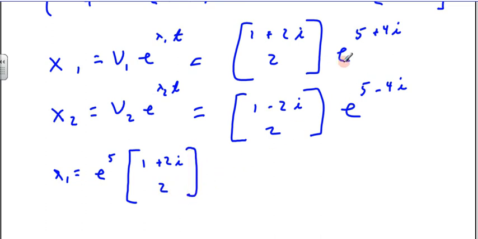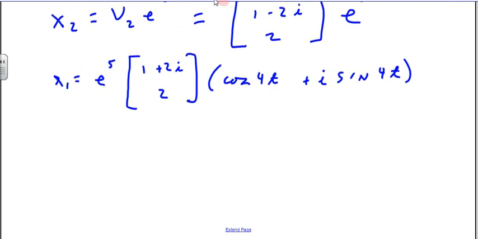And then I'm going to change e to the 4i to cosine 4t plus i sine 4t. And I wasn't really planning on having this be a complex variable class, but it's the last problem we're working in this set, so we might as well do that.